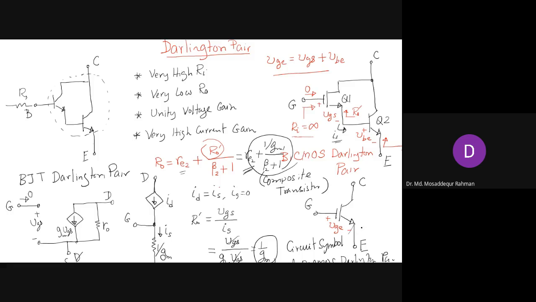It will be a better voltage buffer, even better than the BJT Darlington pair, because in the BJT Darlington pair the input resistance is very high, but not infinite. Still, it is a finite input resistance. But in the MOSFET, practically we can get an infinite input resistance. So that is an improvement over the BJT Darlington pair.